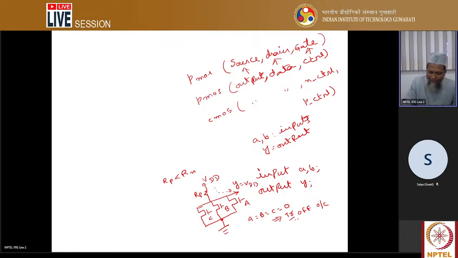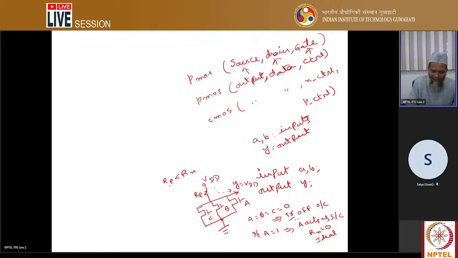In the other case, if any one of the inputs is 1, say A equals 1, then the transistor will have some on resistance. Ideally, A equals 1 means A acts as a short circuit, meaning resistance is 0. This is the ideal case, but practically there will be some small resistance, almost 0.